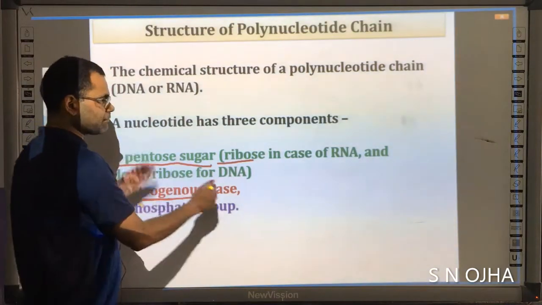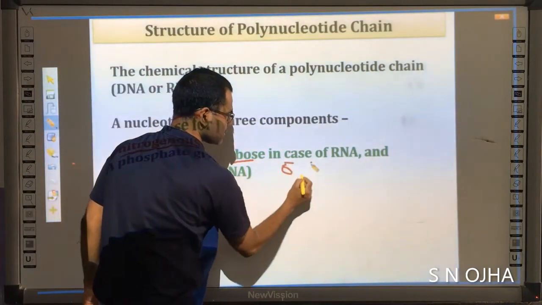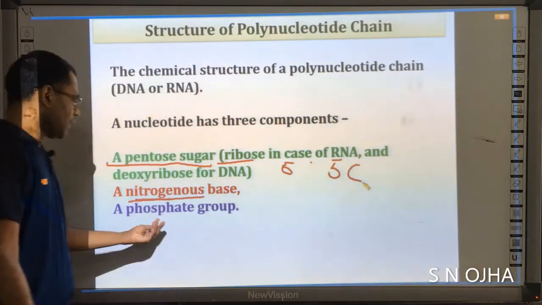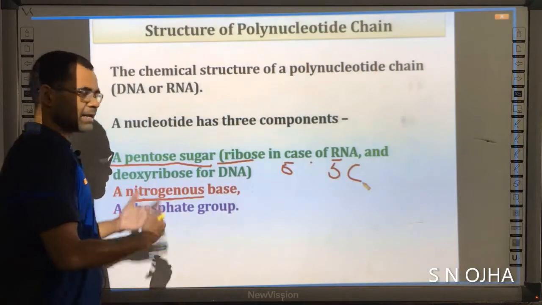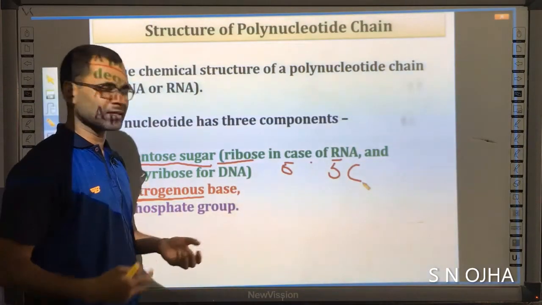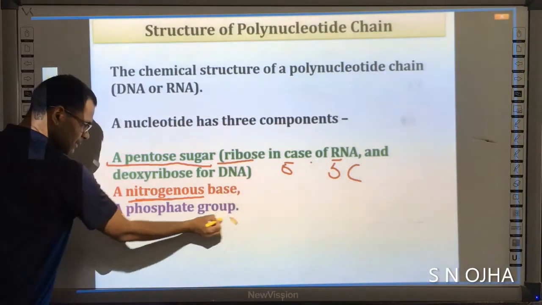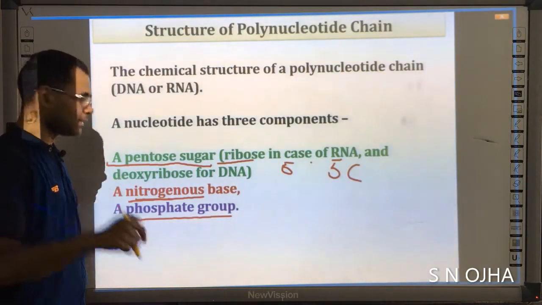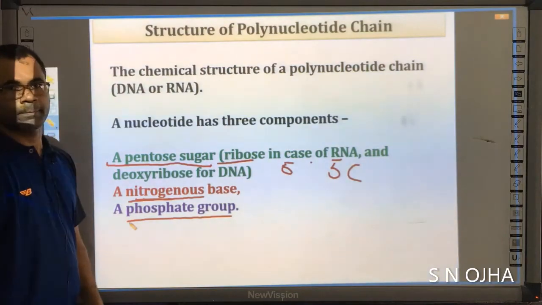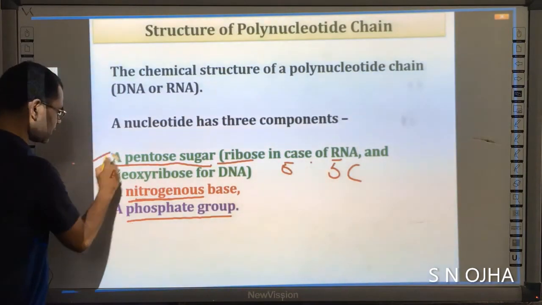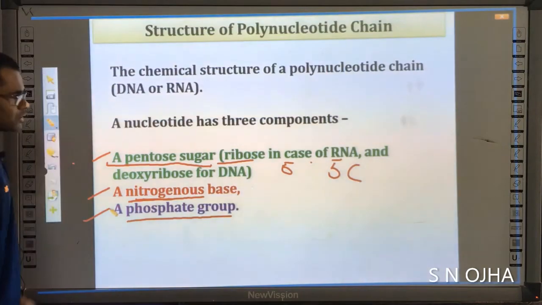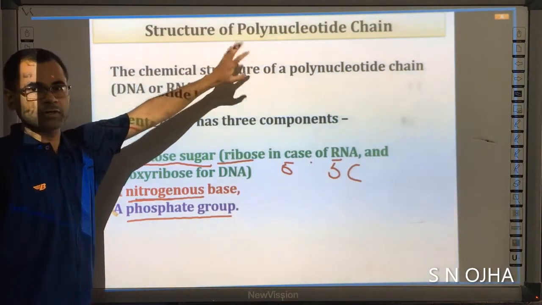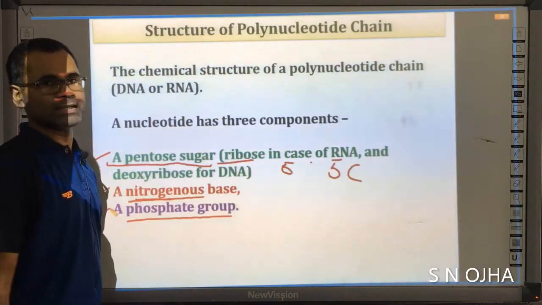Pentose sugar has 5 carbons, and the nitrogenous bases are adenine, guanine, cytosine, uracil and so on. The third important one, which is not present in nucleosides but only in nucleotides, is the phosphate group. These three building blocks are very important for deciding the chain of a polynucleotide, that is, the chain of a DNA.